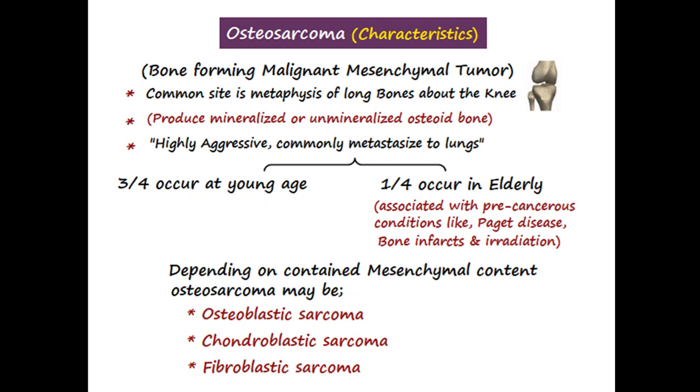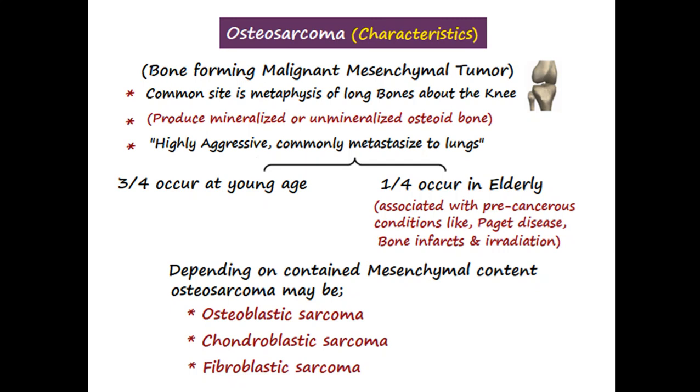So 75% of tumors occur in the young age, and the rest, 25% or 1/4 of the osteosarcomas, occur in old age. But it is important to note that in old age, the osteosarcoma is mostly associated with some precancerous conditions like Paget disease, bone infarcts, and radiations.